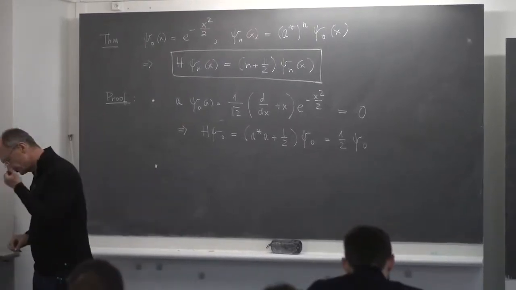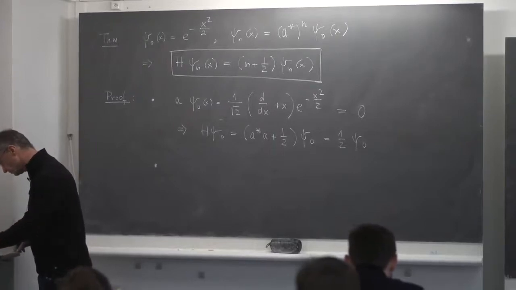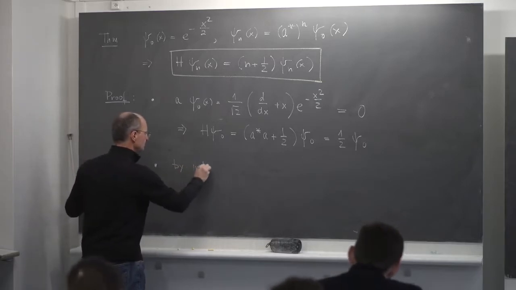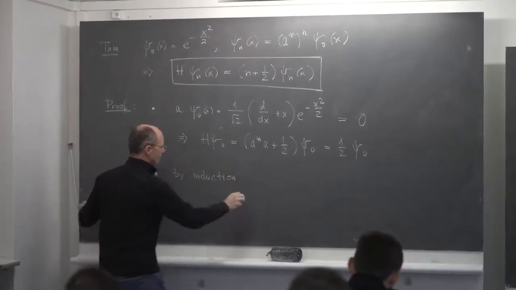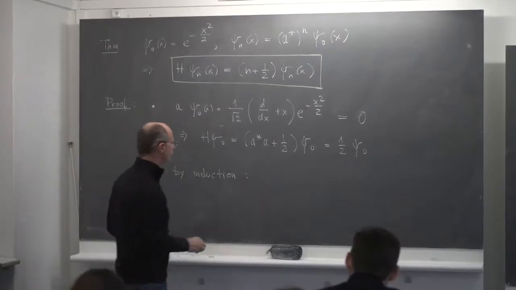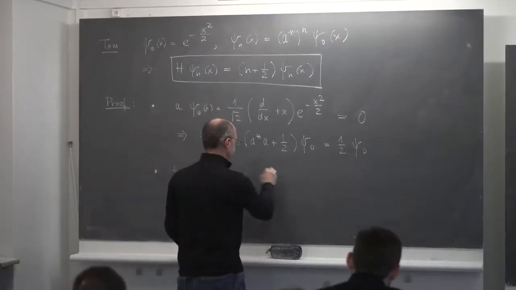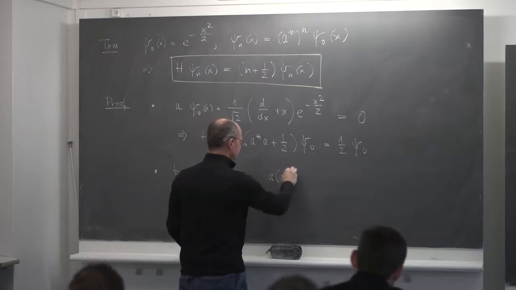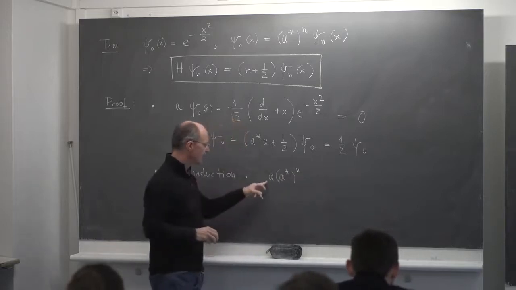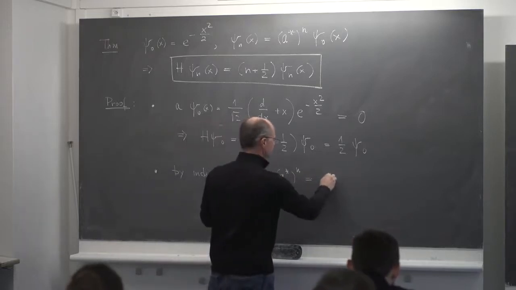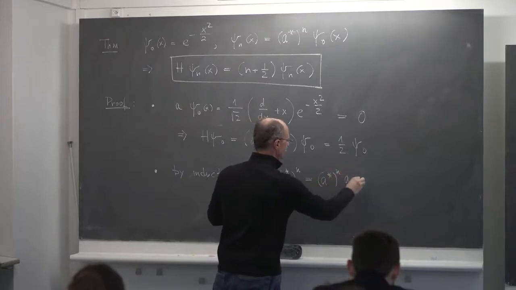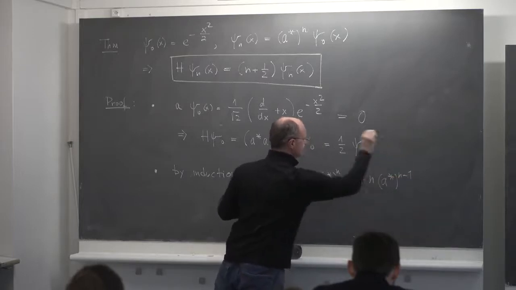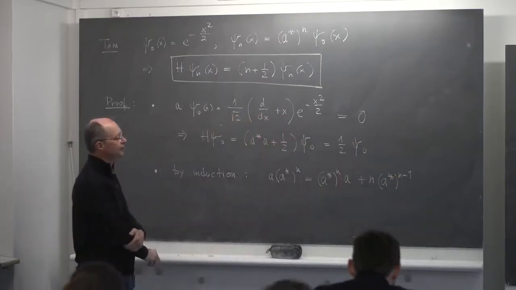Now, by induction, one can prove the following. So a star to the n is equal to a star to the n a plus n a star to the power n minus 1.